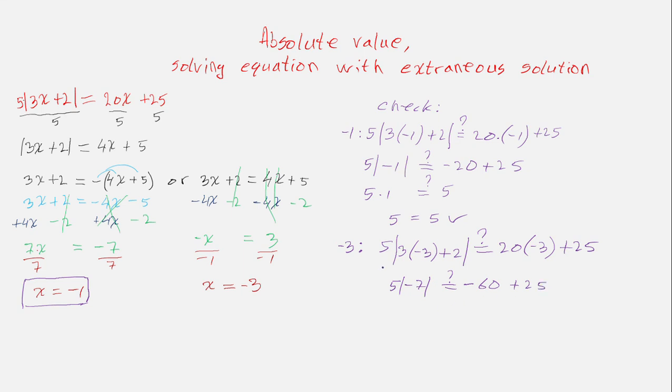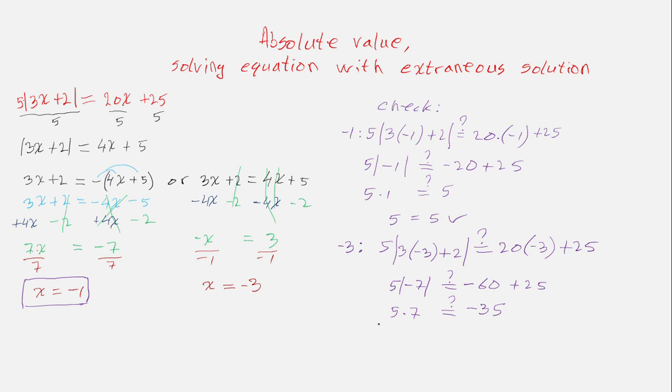And then the absolute value of -7 is actually 7. So this is 5 times 7. And this here is -60, this is positive 25, so this is going to become a negative number, in this case -35.